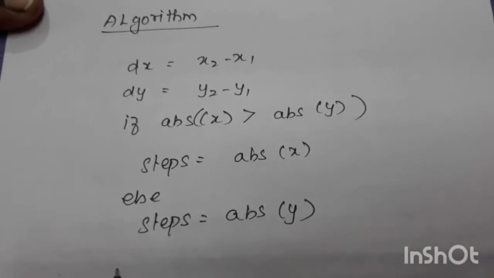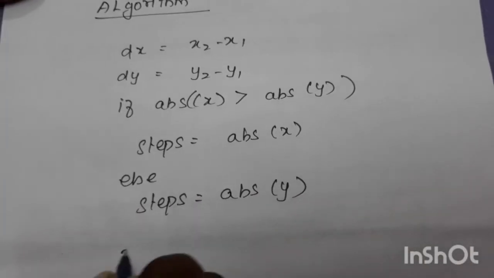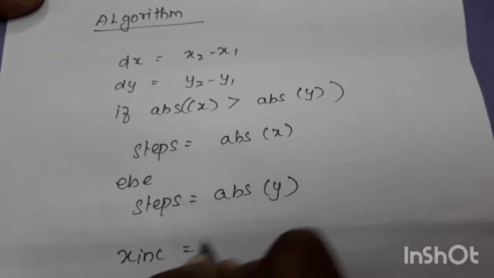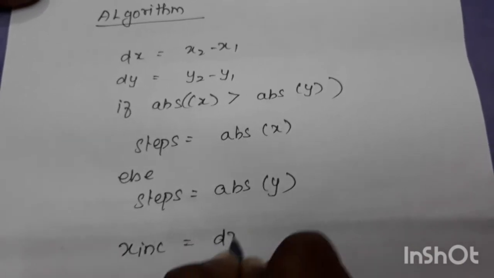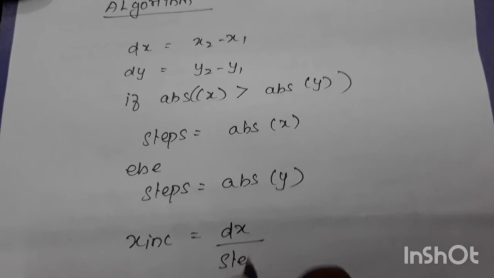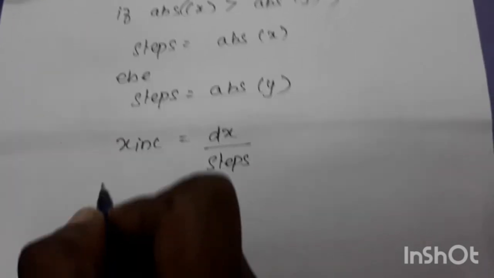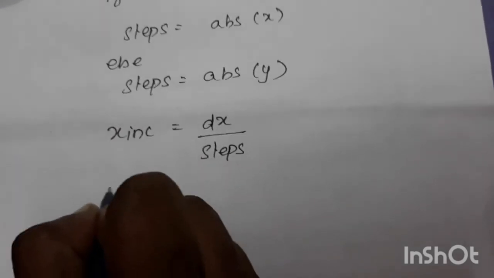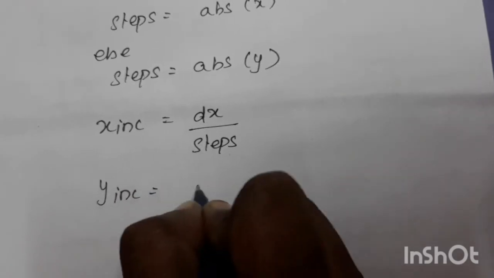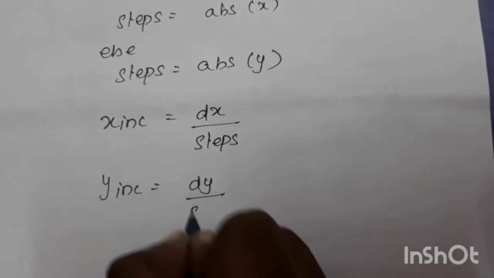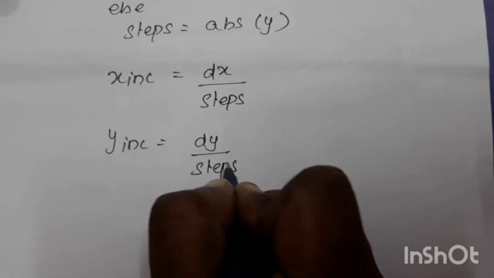Now next we have to find the x increment value. So x increment is equal to dx by steps, and now we have to find the y increment, that is dy by steps.